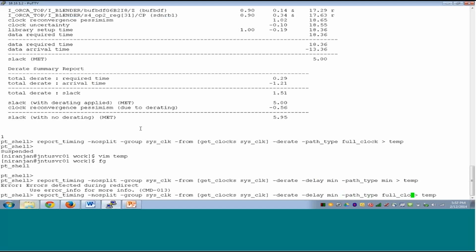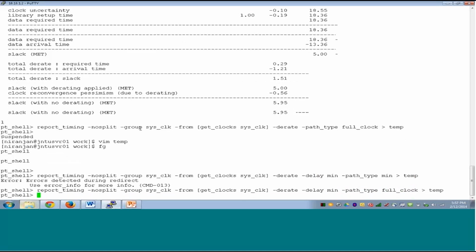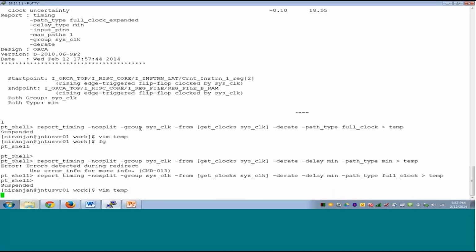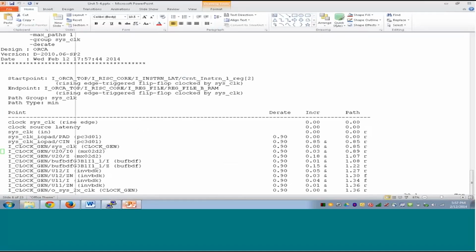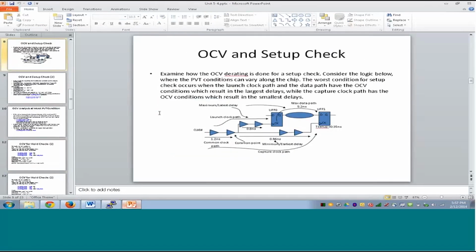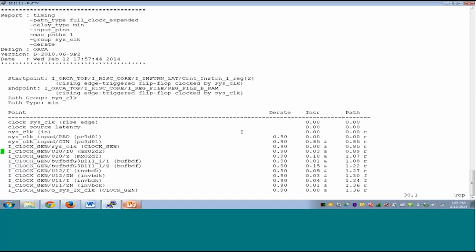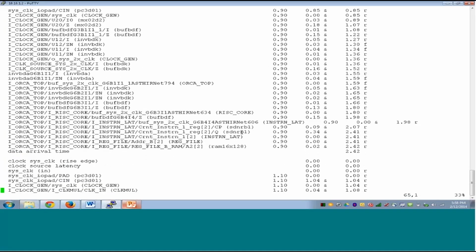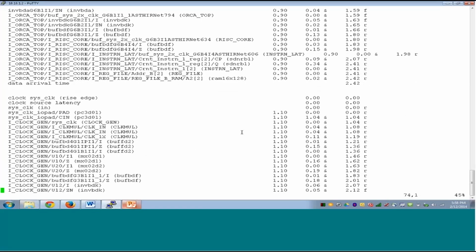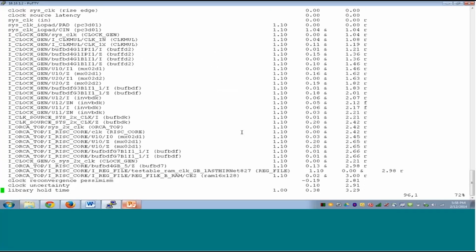Full clock. Okay, now we are looking at min. Edges are 0 and 0. Now it changes. For hold, the launch clock path and the data path are made to come early, so they are multiplied by 0.9. For capture part is delayed, so it's 1.1.